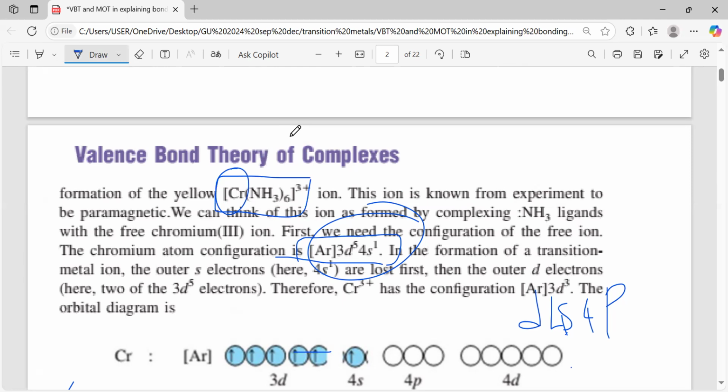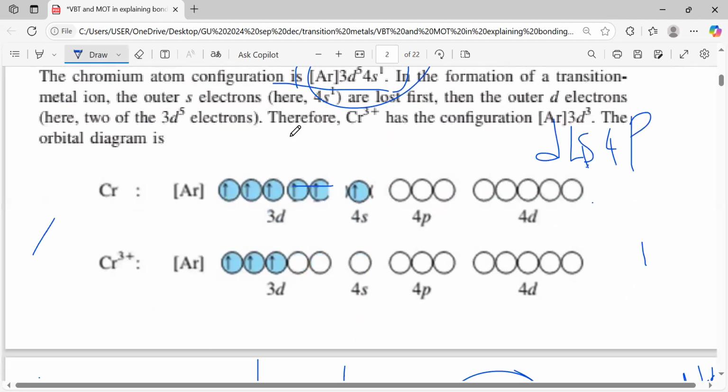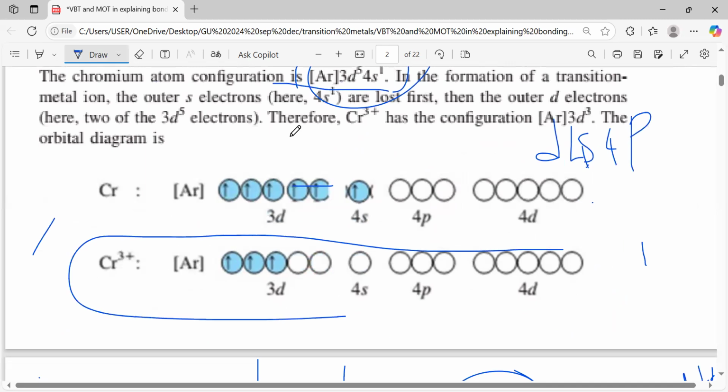And the bond between the 6 ammine ligands and chromium is coordinate bonding. So what does that mean? It means basically chromium stays like this in that complex. Its electrons are never affected. These 3 electrons remain the way they are.